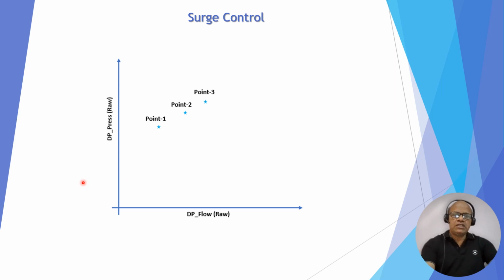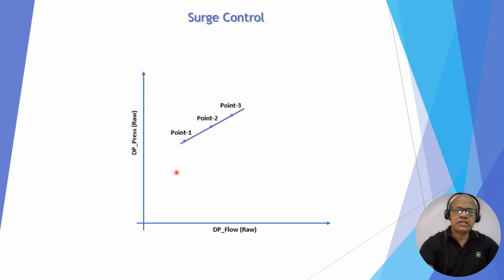Now I have to draw this raw data, that is DP flow on the x-axis and DP pressure on the y-axis. I have shown point 1, point 2, and point 3. These are the 3 points we have drawn based on the surge test data. This is the second step. Now the third step, we have to join these 3 points.